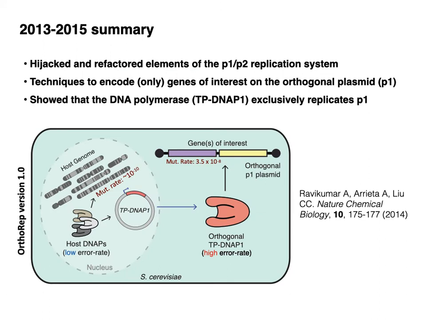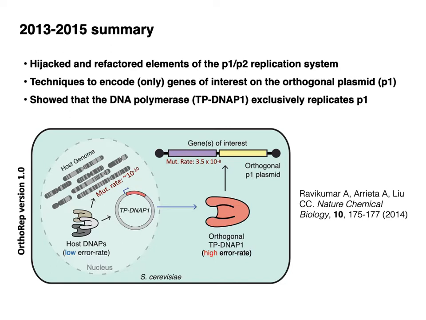So we started our effort to develop the P1-P2 replication system. In the first couple years of my lab, we hijacked and refactored elements of the replication system for the yeast Saccharomyces cerevisiae, doing things like encoding the DNA polymerase in the nucleus and figuring out how to encode only our genes of interest on the orthogonal plasmid.